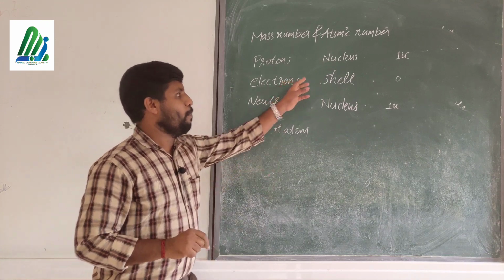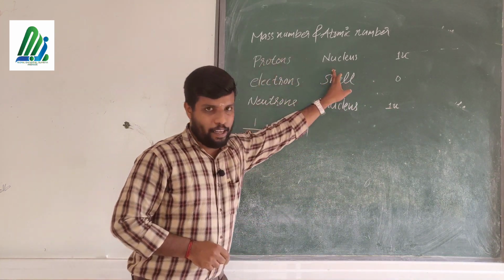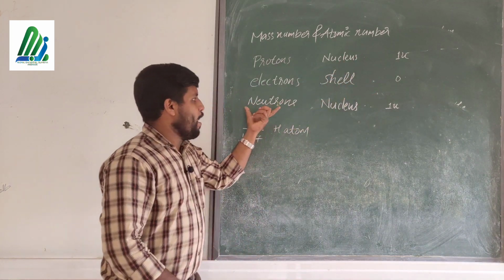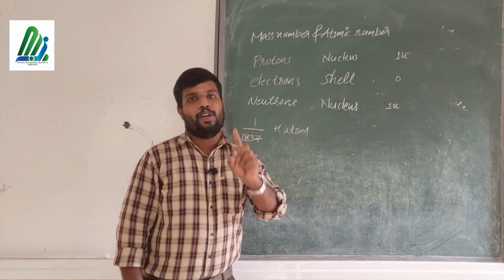The value of its mass is 0 unit, and the proton is present in the nucleus. Its mass, for practical purposes, we consider 1 unit, and the neutron is also present in the nucleus, and its mass is considered 1 unit.